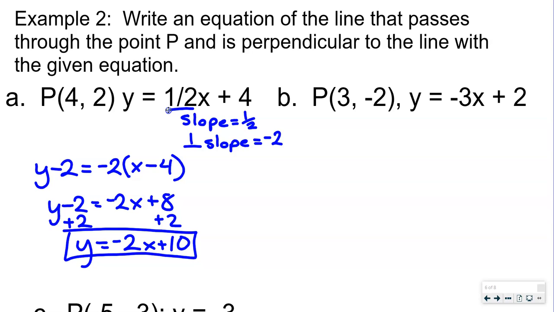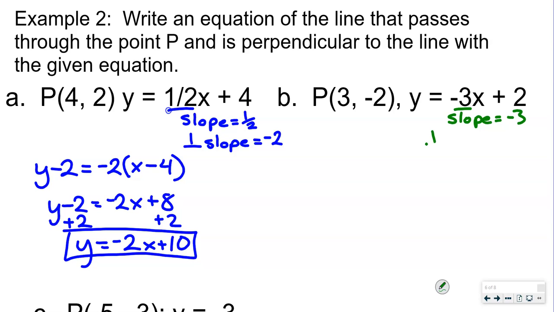So let's do that for letter B. We need to pass through point 3, negative 2, and perpendicular to line y equals negative 3x plus 2. So in our given line, our slope is negative 3.